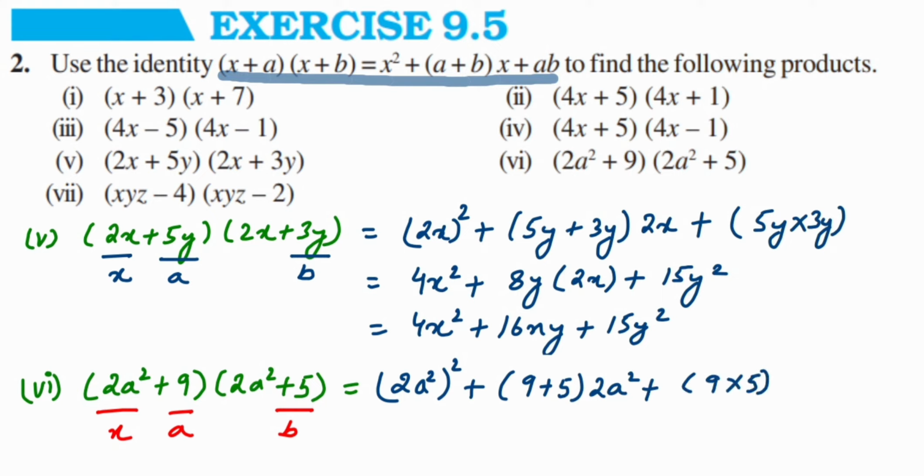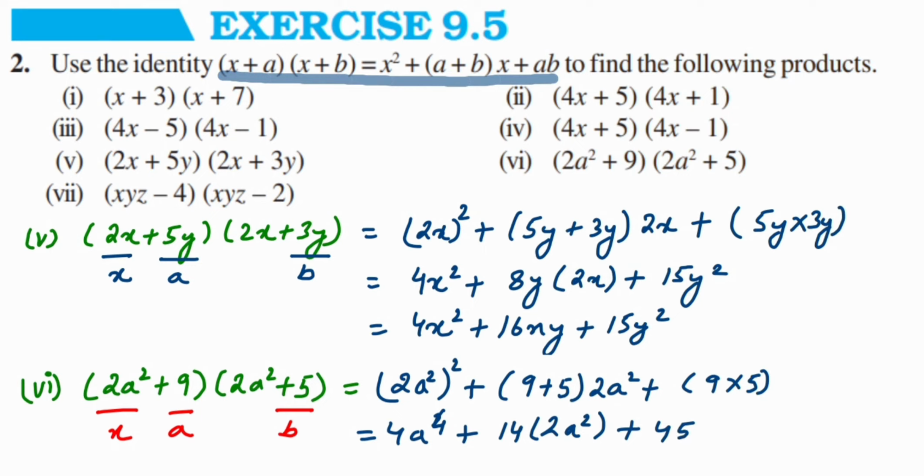So this is equal to 4a to the power 4, I'm sorry, we have a square again, so square and again power square, the powers will add up, we'll get 4. So 4a⁴ and 9 plus 5 is 14, so 14 into 2a² plus 45.